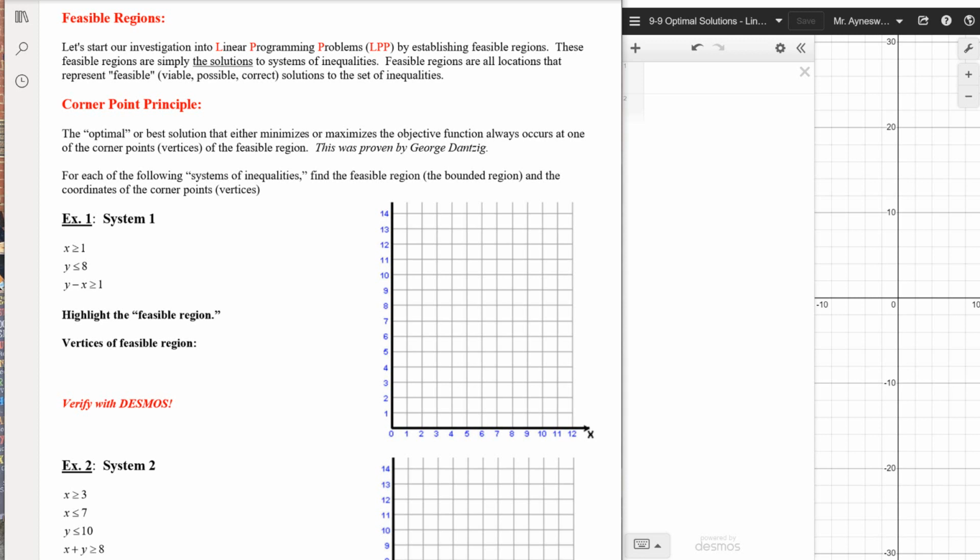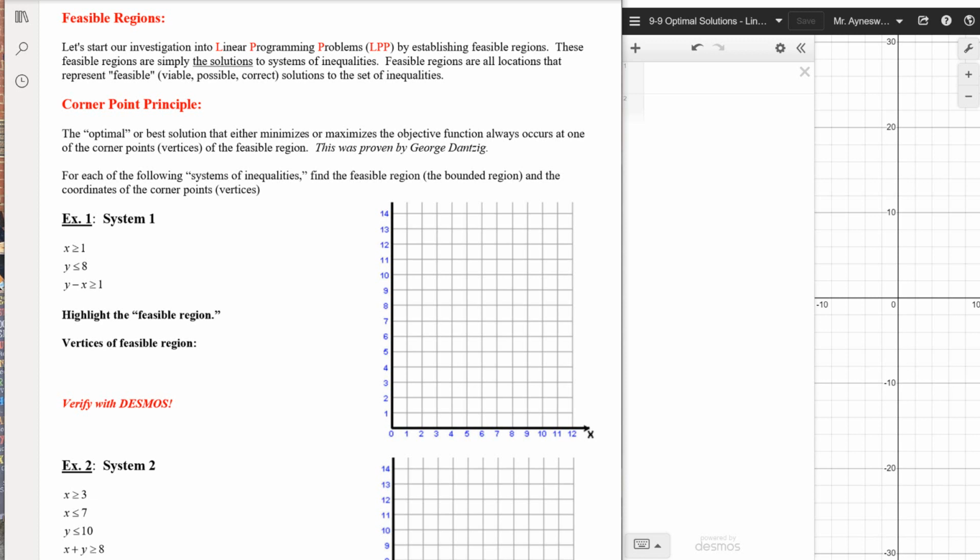So we're going to go through all the basics here. A feasible region is a bounded region that represents all the feasible, meaning viable, possible, correct solutions to a given set of inequalities. In reality, these are the inequalities which are called constraints or limitations of a linear programming problem.